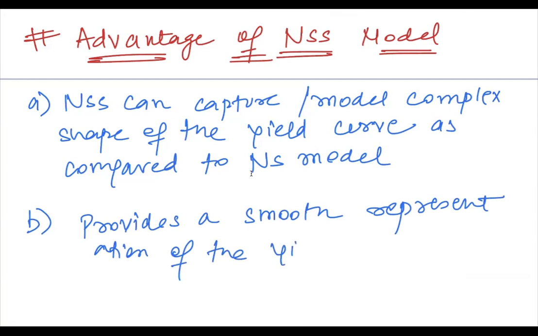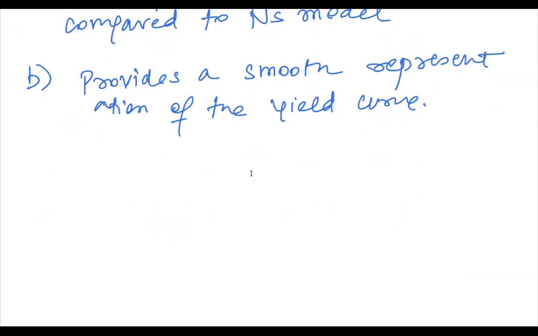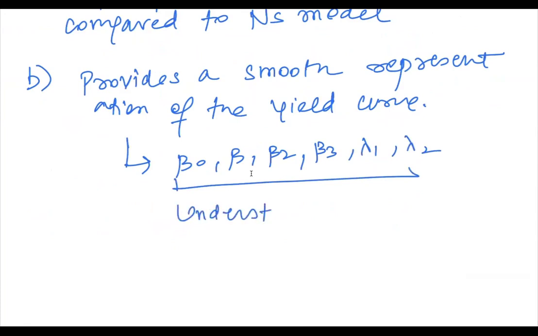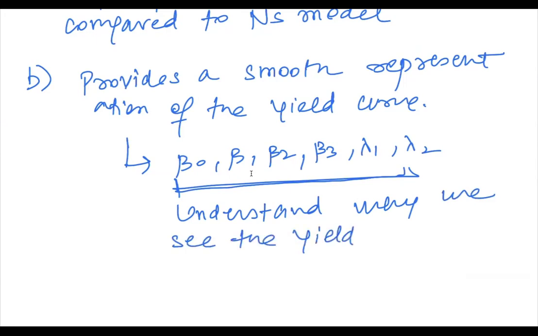What do I mean by smooth representation of the yield curve? We have various components: beta naught, beta 1, beta 2, beta 3, and then lambda 1, lambda 2. Using these parameters, we can understand why we see a specific shape of the yield curve. Using the parameters of this model, we can understand why we see the yield curve in a certain way.